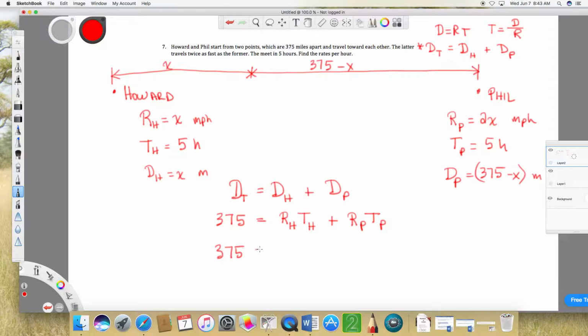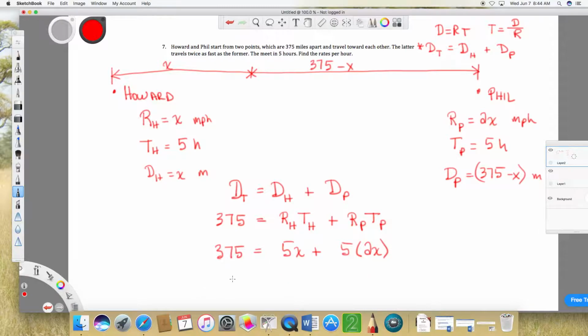So I have that Howard's rate, I call that x, and the length of time that he's been traveling is 5. So x times 5, I'm just going to write that as 5x. And over here, Phil has traveled for the same length of time, but at a faster rate, right? All right, that should do it.